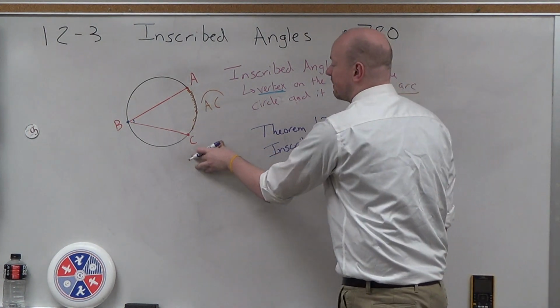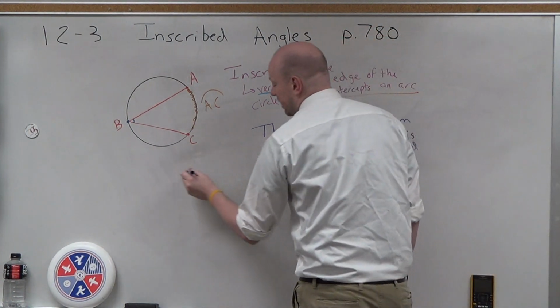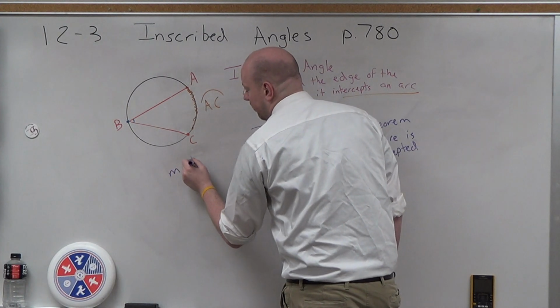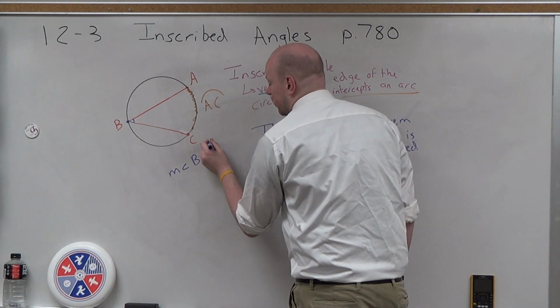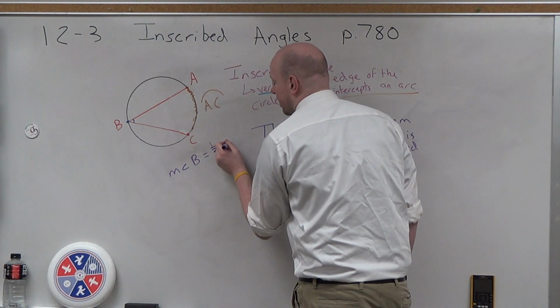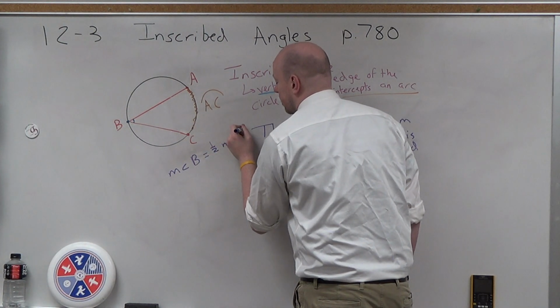So in this very specific example, what that means is the measurement of angle B is equal to half the measure of arc AC.